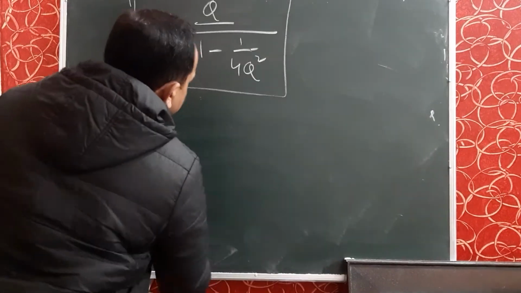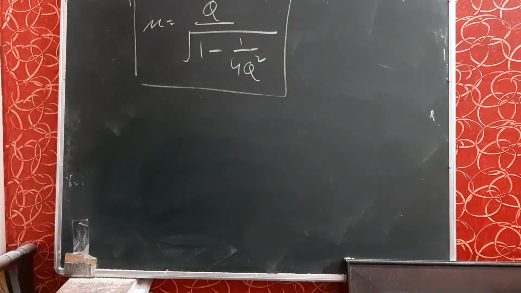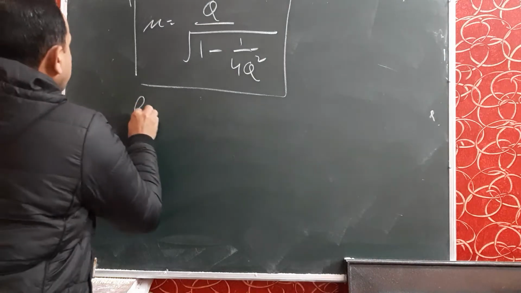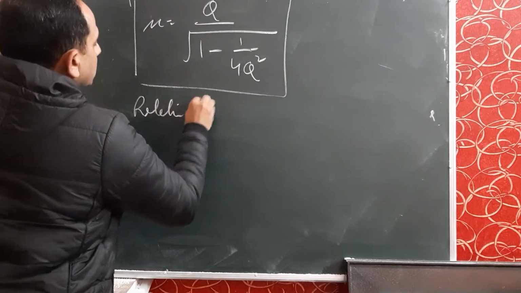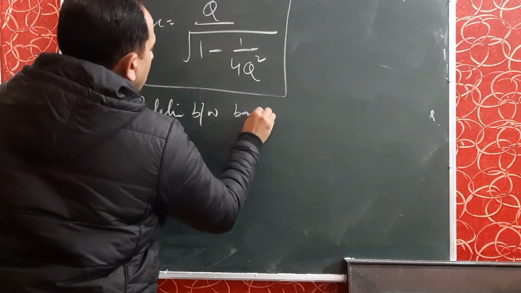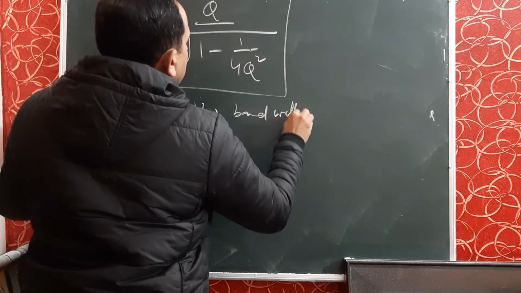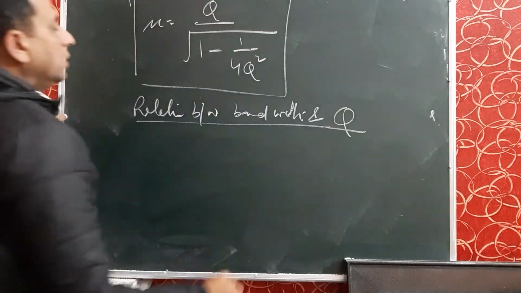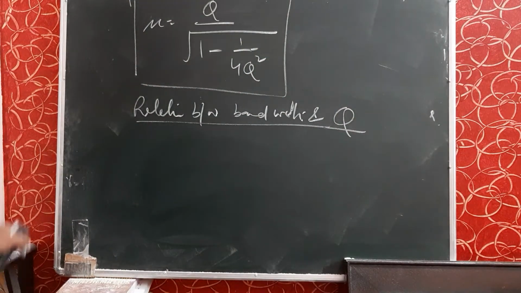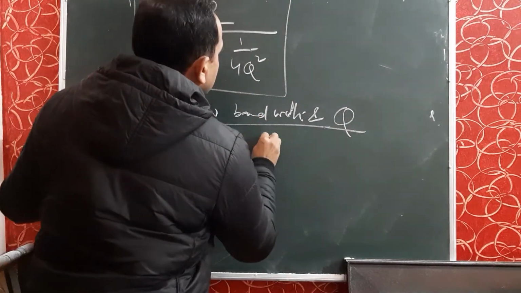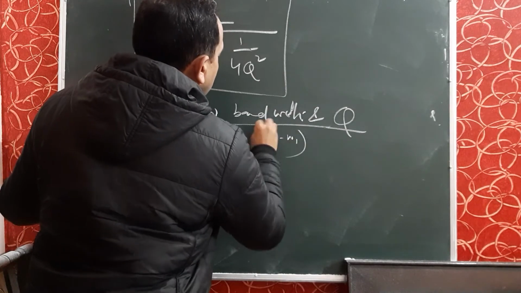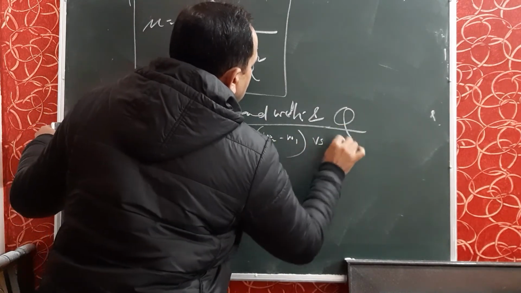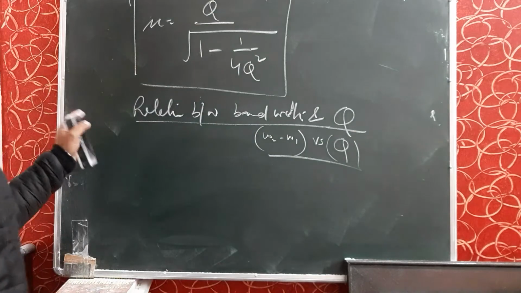Similarly, we can find the relation between bandwidth and quality factor, that is Q and omega 2 minus omega 1. Bandwidth means omega 2 minus omega 1, and we have to find the relation between both.